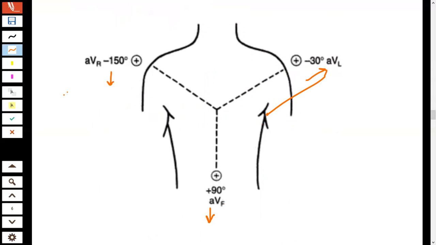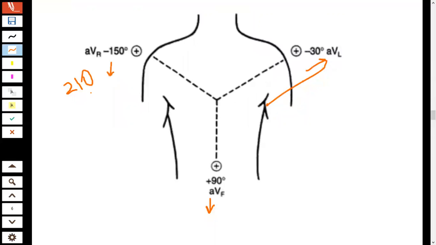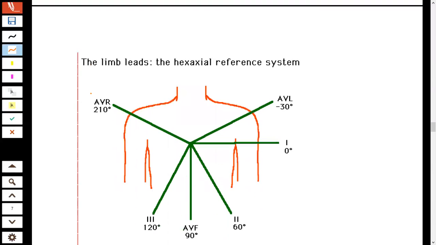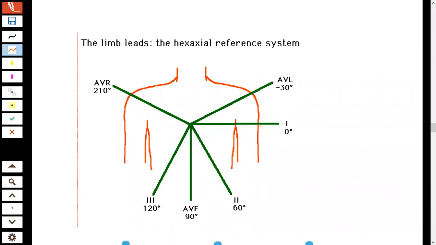In many books it is also written as positive 210 degrees of the vector. So these are basically the directions of the augmented leads. Here is shown the direction of all the 6 leads.